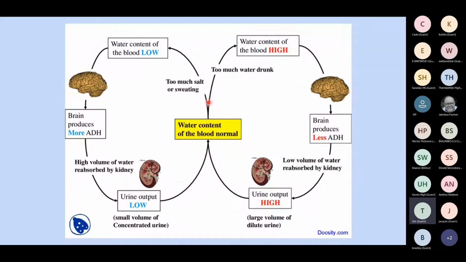That will stimulate the hypothalamus, and the hypothalamus will send the impulse to the hypophysis to secrete less ADH. The ADH will then target the kidney to have a lower reabsorption of water. And this will increase the output of urine. Output will be high. And because of that, the water content in your blood will decrease and go back to normal.